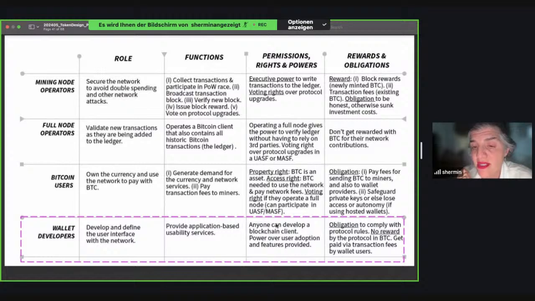As for permissions, since Bitcoin is a permissionless system, anyone can develop a blockchain client. Wallet developers have a lot of power over user adoption.